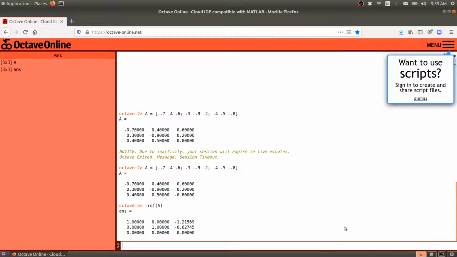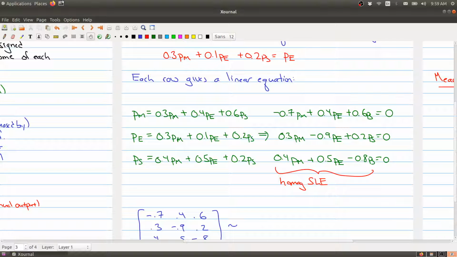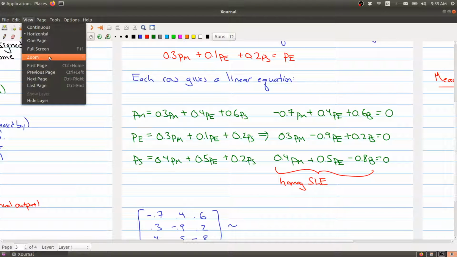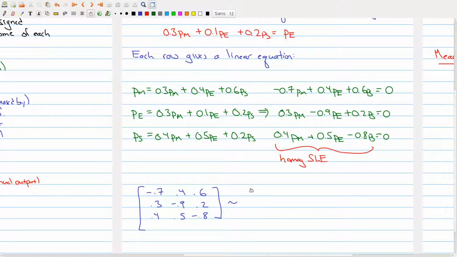So let's go back to my slide, and we'll go back to full screen here. And I'll write out what the output was from Octave. So that was 1, 0, and negative 1.21569, 0, 1, negative 0.62745, and 0, 0, 0.